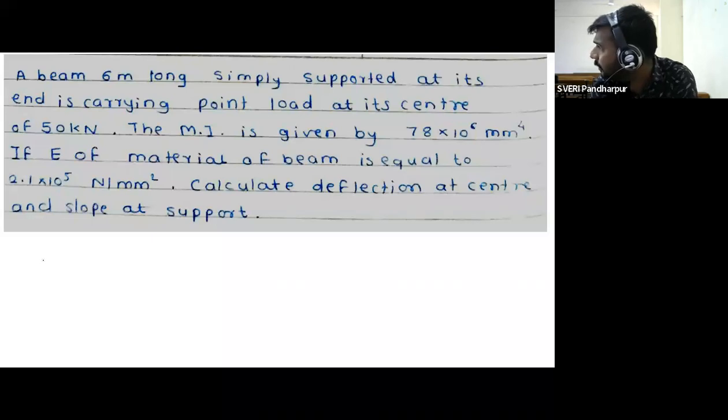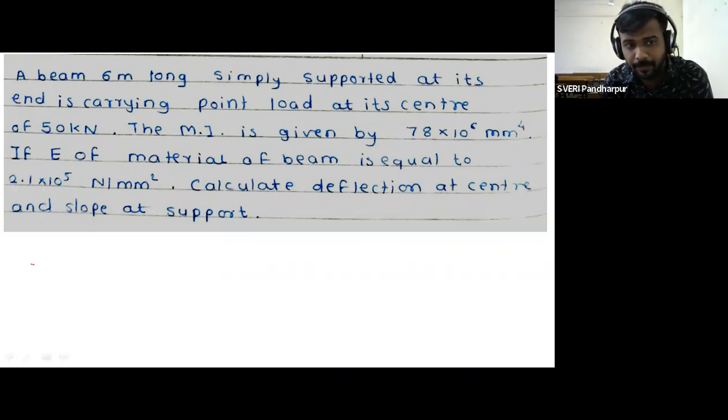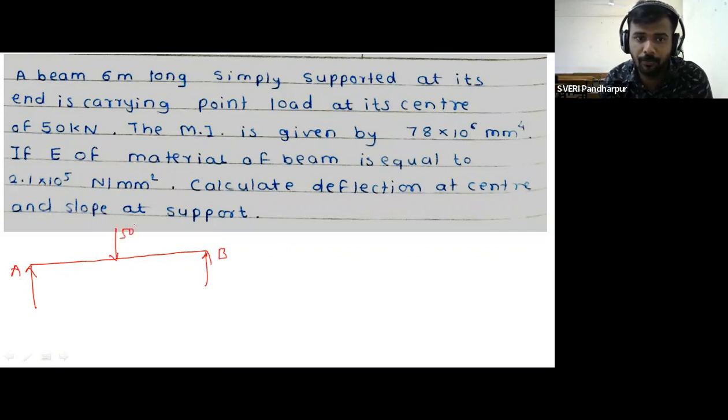Don't worry about it. Okay, so first of all draw the figure, that is a simply supported beam. So a simply supported beam which is supported at two supports, that is point A, B, subjected to the point load of 50 kilonewton. Okay, so here the deflection will be taking place like this.